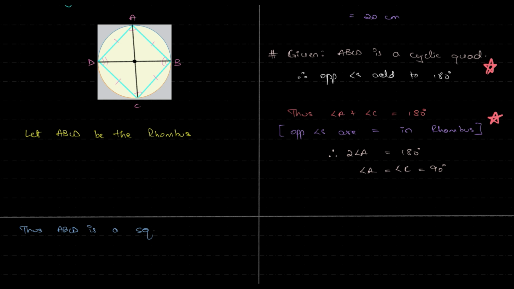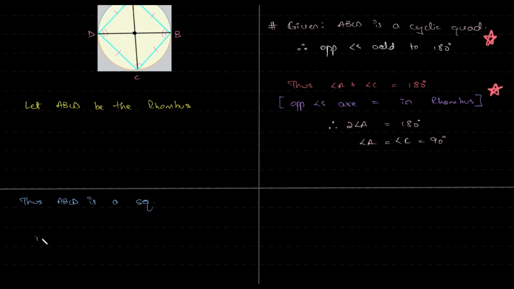And so we can directly talk about the diagonal. Length of the diagonal will be equal to the length of the diameter of the circle, and so this will be equal to 2 times the radius, which is 40 centimeter.